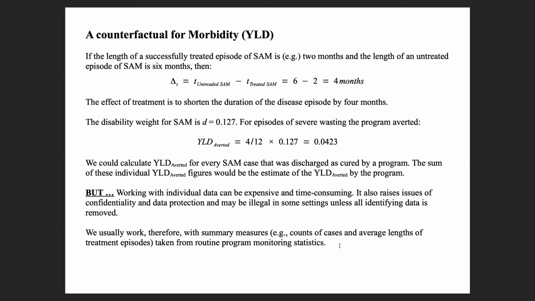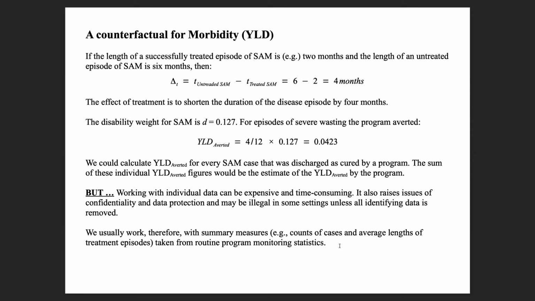If the disability weight for SAM is D equals 0.127, and that's the 2010 figure, the disability weight for the GBD, severe wasting, we would have averted 4/12, that's 4 months expressed as a year, times that disability weight, and so years lived with disability averted is 0.042, and that's per SAM case.